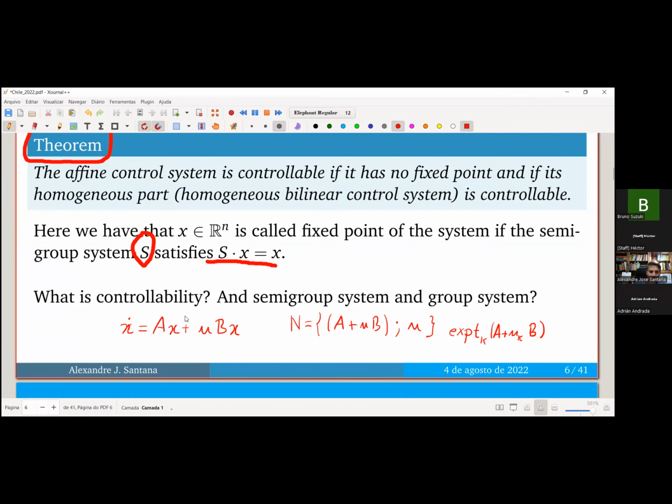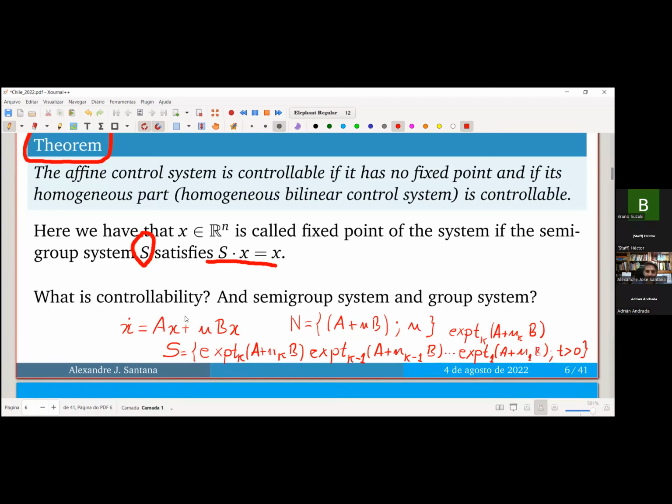And in this case, the semigroup of the system is defined by the concatenation of those exponentials: exponential of t_k (A plus u_k B), exponential of t_{k-1} (A plus u_{k-1} B), and so on until exponential of t_1 (A plus u_1 B), with positive times.